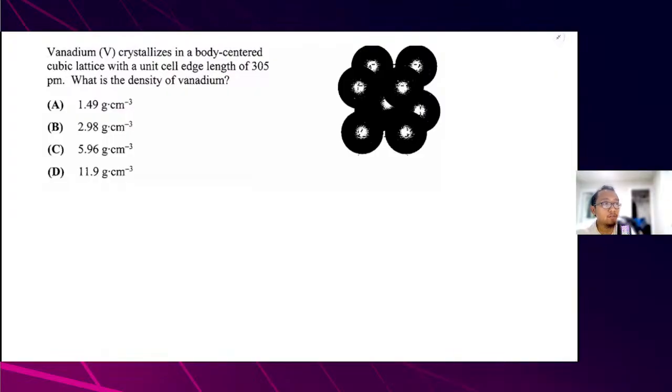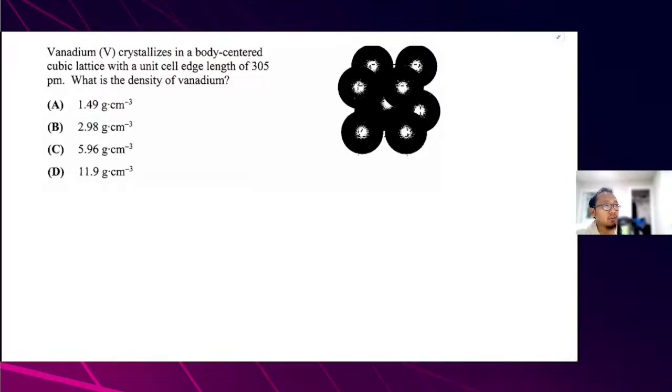All right, for vanadium: vanadium crystallizes in a body-centered cubic lattice with a unit cell edge length of 305 pm. What is the density of vanadium?